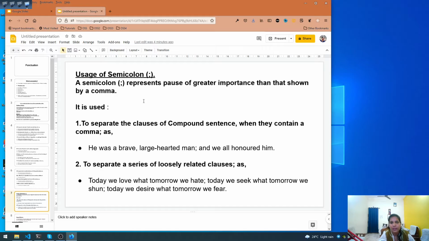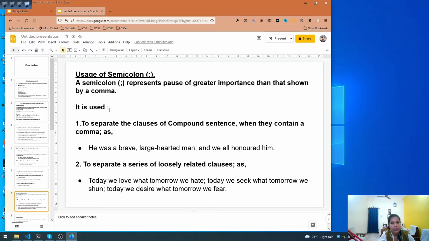So let us see the usage of semicolon, how we can use semicolon or where to use semicolon. A semicolon represents a pause of greater importance than that shown by a comma. So whenever there is a comma in a sentence, the pause is a little small, but when there is a semicolon, the pause should be a little bigger.